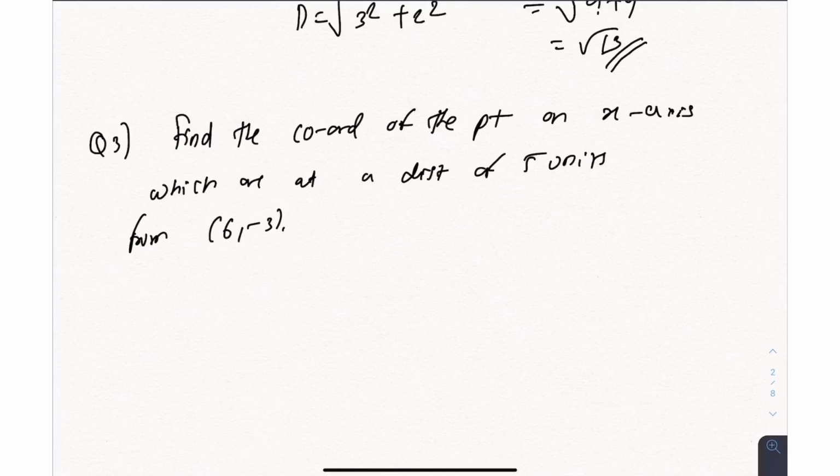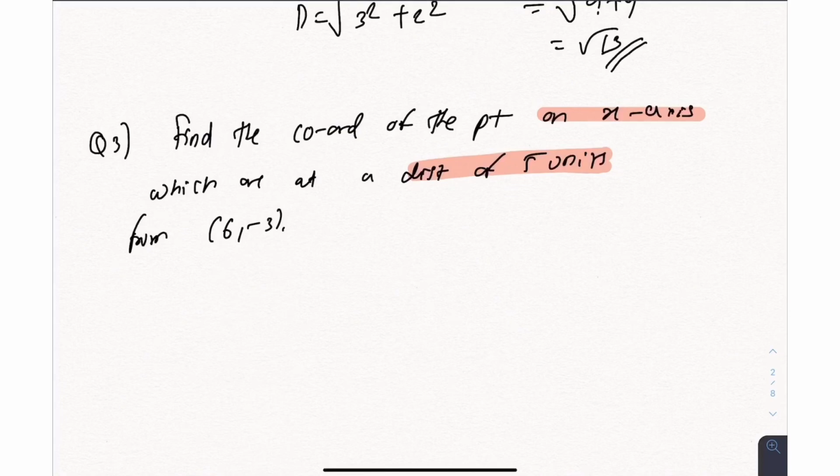Okay, now this part is important to understand the question. So I'm going to highlight some points which are actually important with respect to this question. Find the coordinates of the point which are on x-axis at a distance of 5 units from 6 comma minus 3. So we know the distance of 6 comma minus 3 and one point which is on x-axis.